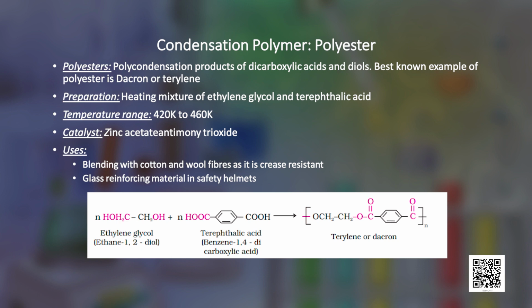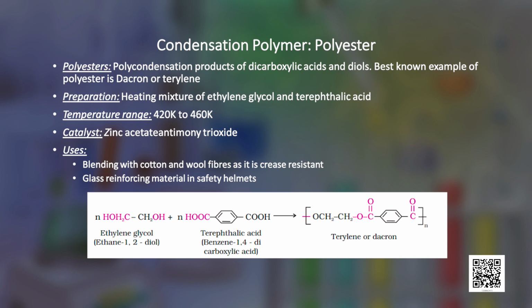Similarly, the polymers possessing ester linkages are termed as polyesters. Terylene, which is also known as Dacron, is manufactured by heating a mixture of ethylene glycol and terephthalic acid between 420 to 460 kelvins as represented in the equation. The reaction is carried out in the presence of zinc acetate antimony trioxide as a catalyst.